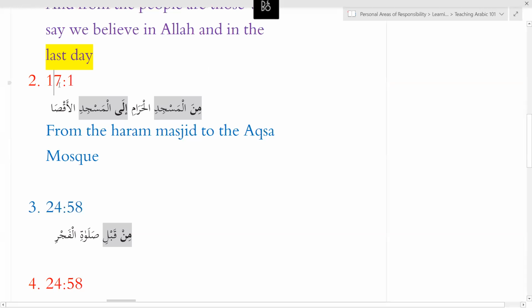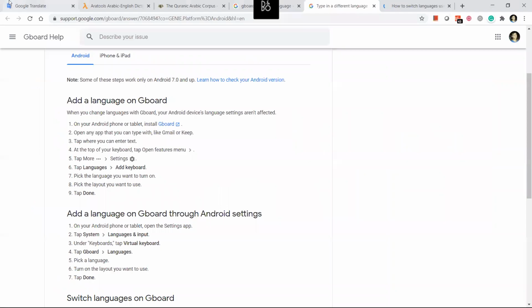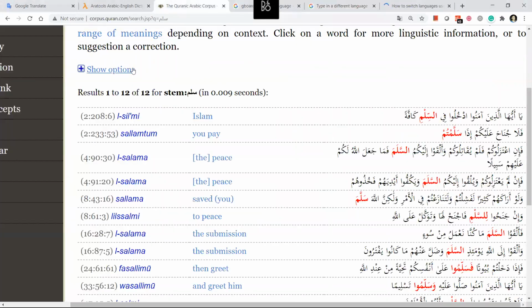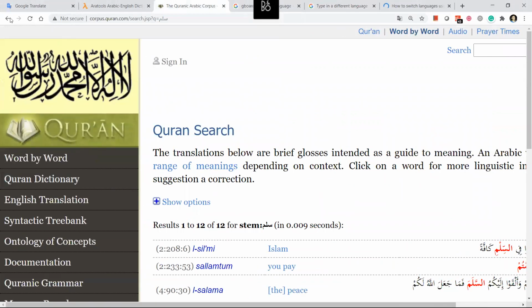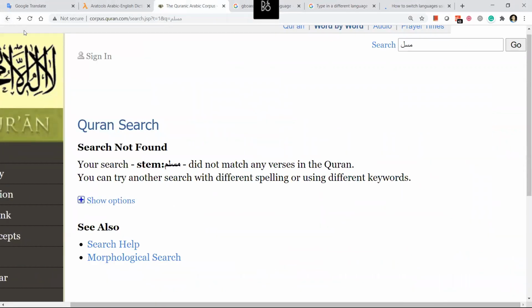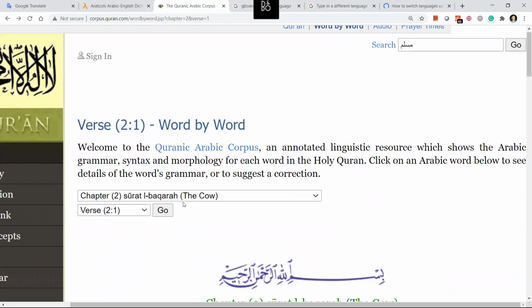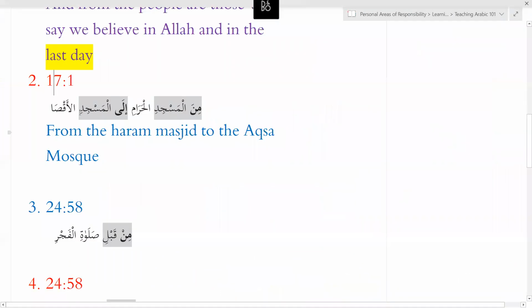Let's see with the corpus. Let's see 17:1. Where in doubt, you go and check if what you believe is correct.